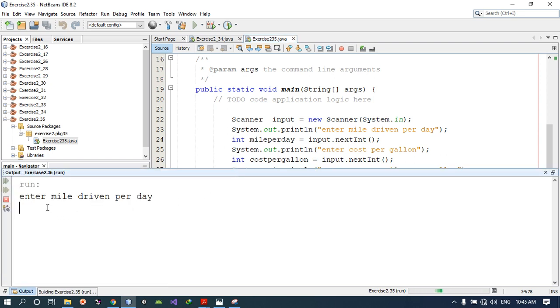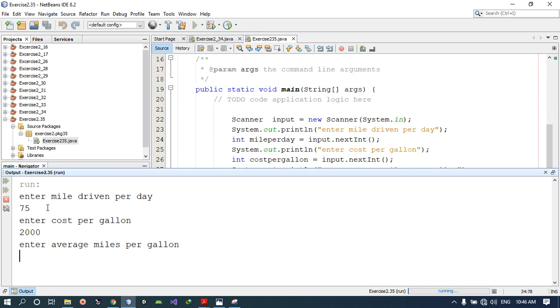So enter miles driven per day. For example, I have driven 57 miles. Then enter cost per gallon, maybe it costs 2000. Now enter the average miles per gallon.